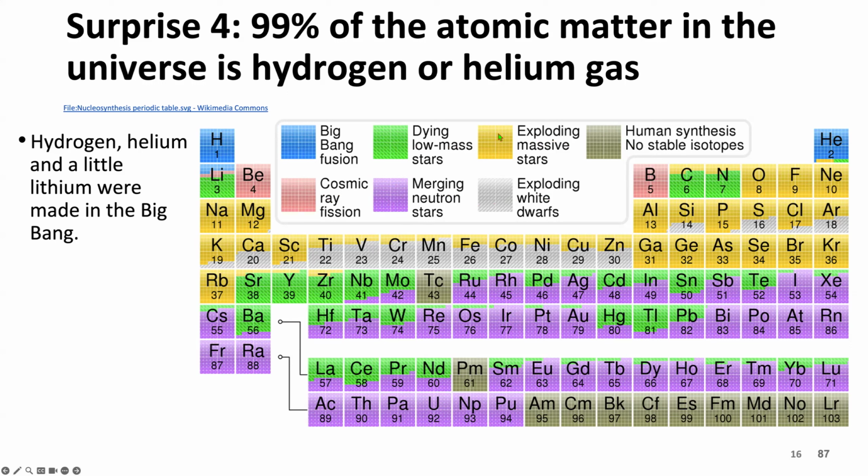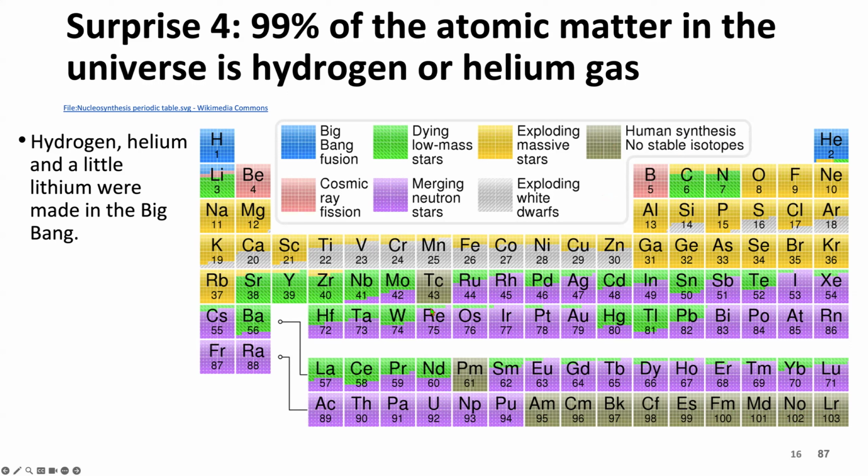And we find that exploding massive stars, you see as this yellow color, produce a large fraction of what's out there. We have a little bit here, this gray color, provided by human development of temporary exotic atoms that don't exist in nature, that come from reactors or exploding bombs.